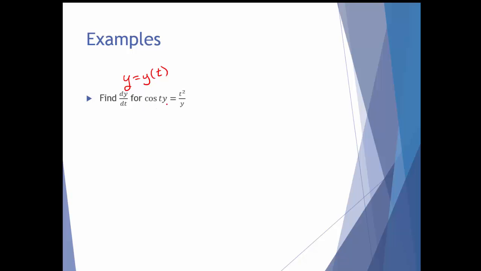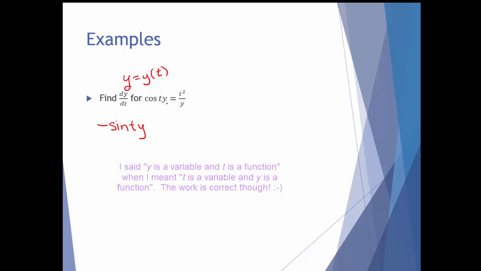So when I take the derivative of the left side, the cosine of t times y. So we take the derivative of the outside portion first. The derivative of cosine is negative sine. And then we don't touch the inside function. Leave the t times the y. But now we need to take the derivative of t times y. And y is a function and t is a variable. That means that's a product rule.